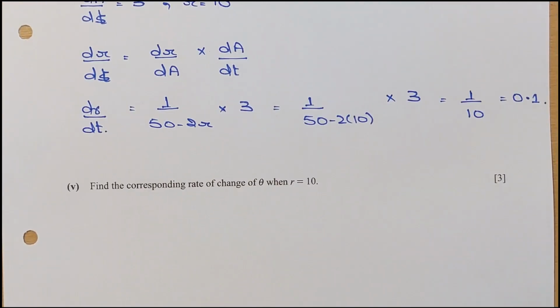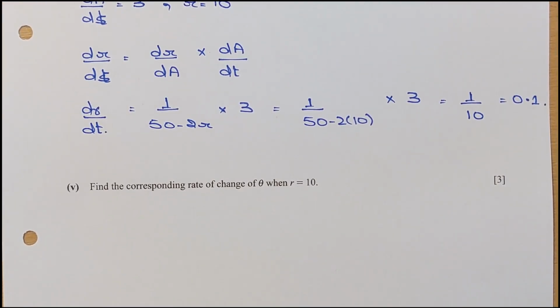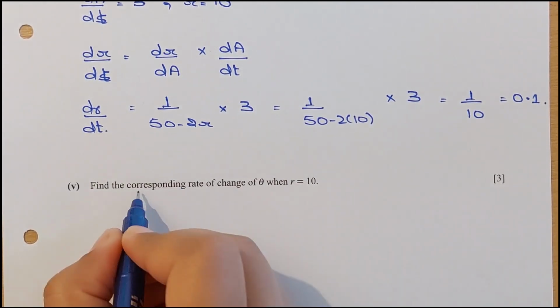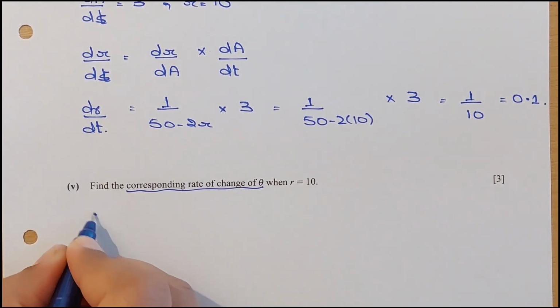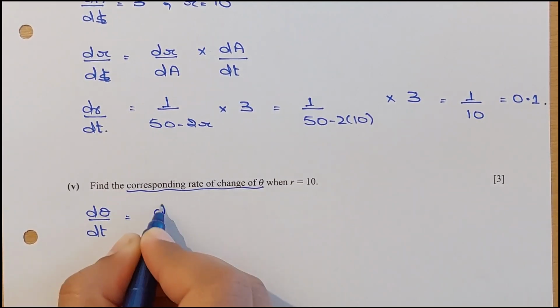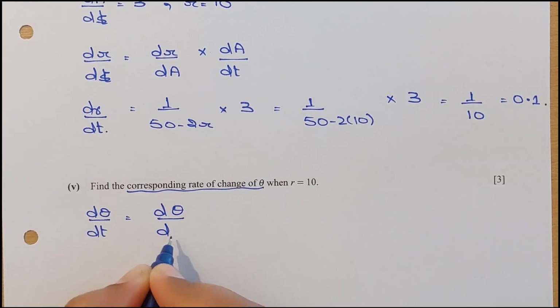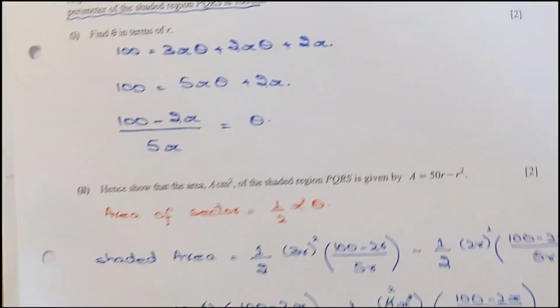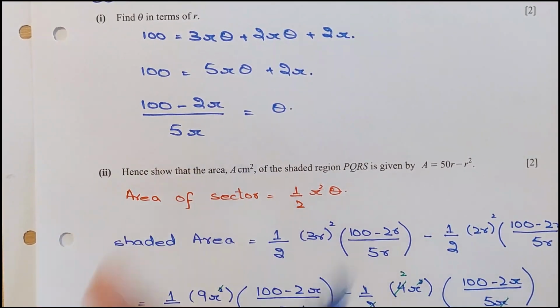Now for part 5, find the corresponding rate of change of theta when r equals 10. So we have to find d theta over dt. By the chain rule, d theta over dr times dr over dt at r equals 10, because from the first part we know that theta is a function of r.